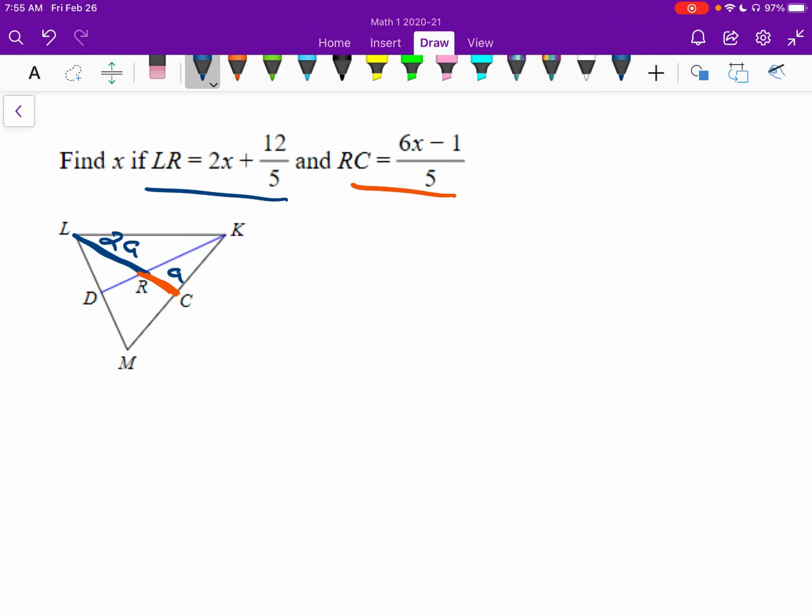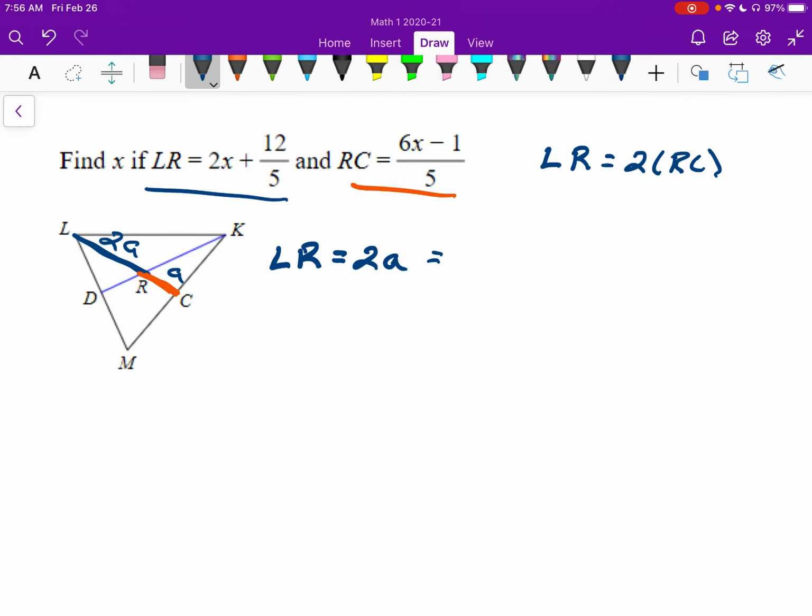The other way that we could approach this would be to say, well, the blue, what is that, LR, is 2 times RC. And that's the same thing we would do with the A's also, it's just written a little bit differently. I'm going to use the A's, that way we can be consistent. So the blue is 2A, so LR is 2A.